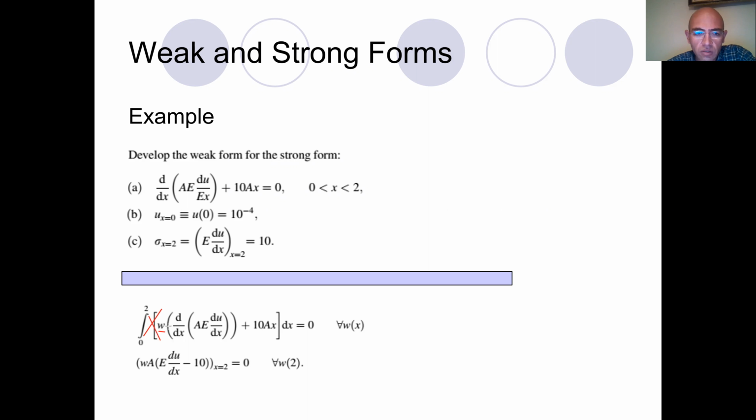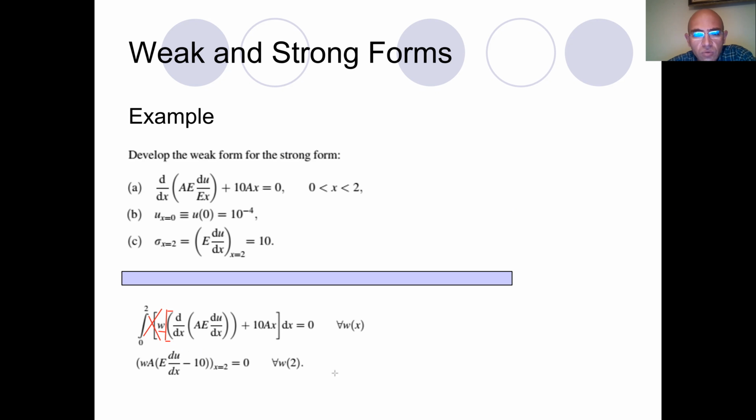It has to be here. Okay, so the square brackets begin from here. So it is d over dx multiplied by AE du dx plus 10ax. Okay, so this is our differential equation for any value of w(x). w(x) is the weight function.